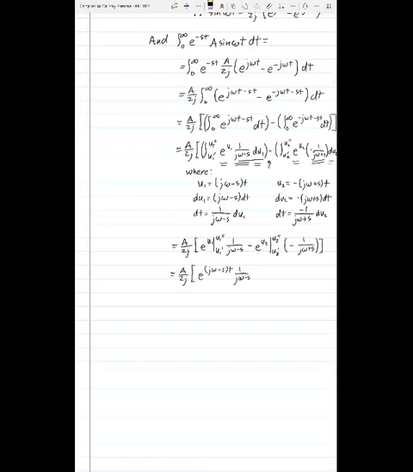And now, one thing I need to do, my apologies, I need to bring in my original limits of integration, 0 to infinity, and then I can include my 1 over j omega minus s. Now I did factor out the minus sign and cancel it with the 1 out in front. And so then we have plus e to the negative j omega plus s times t. All that evaluated from 0 to infinity, and now that's multiplied by 1 over j omega plus s.